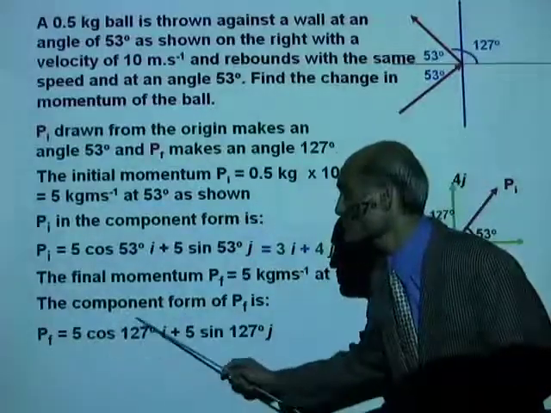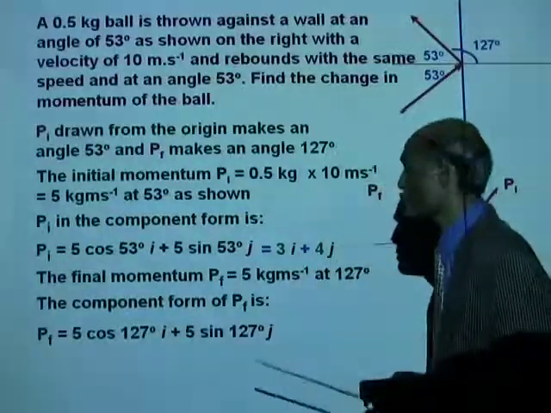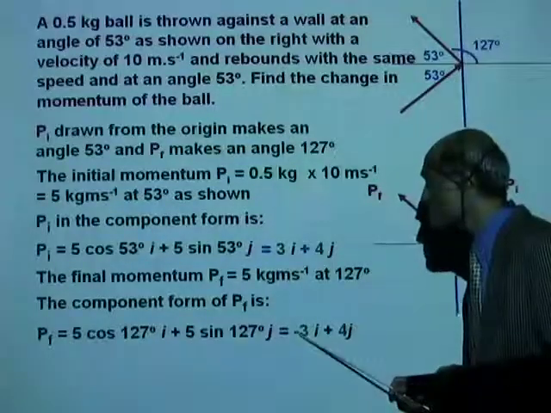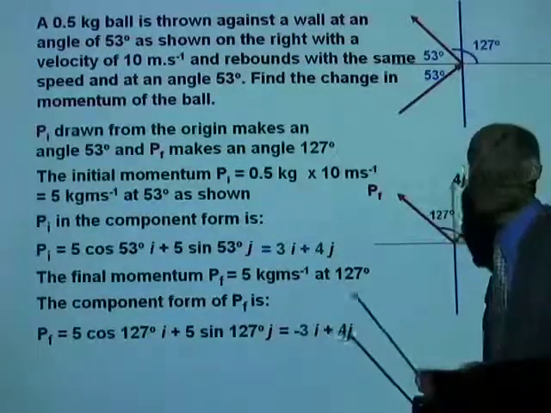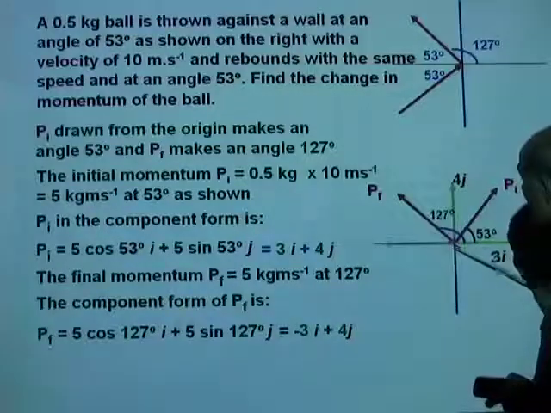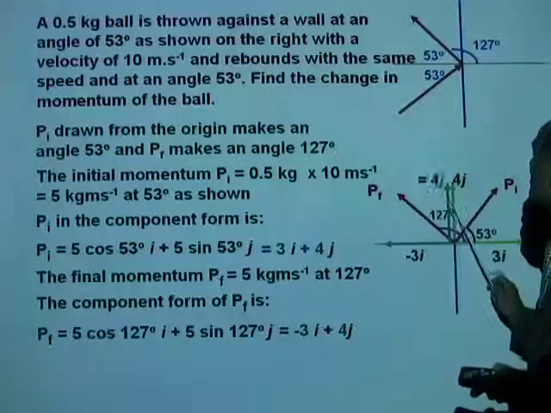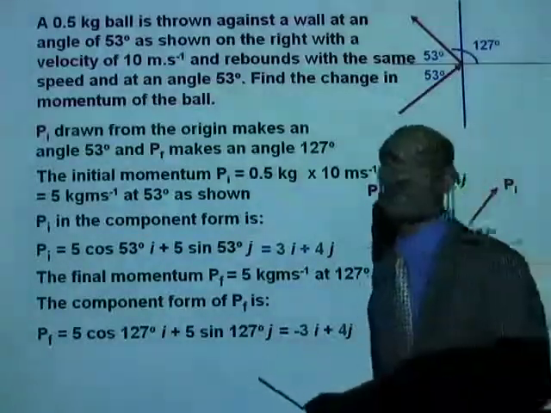And using the values of cos 127 and sine 127, you get it as negative 3i plus 4j. The x component of this is negative 3i and the y component is 4j.